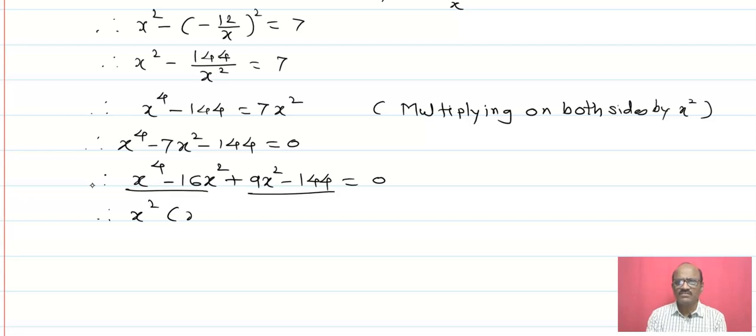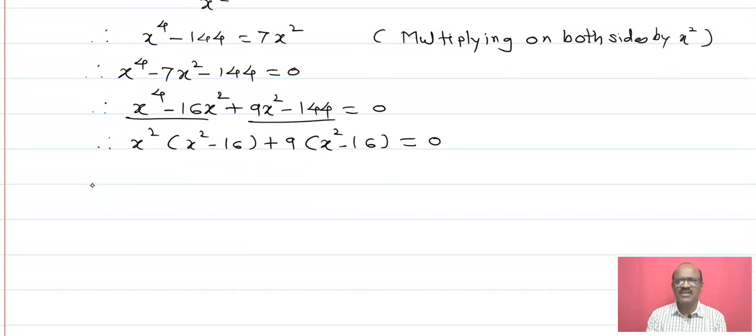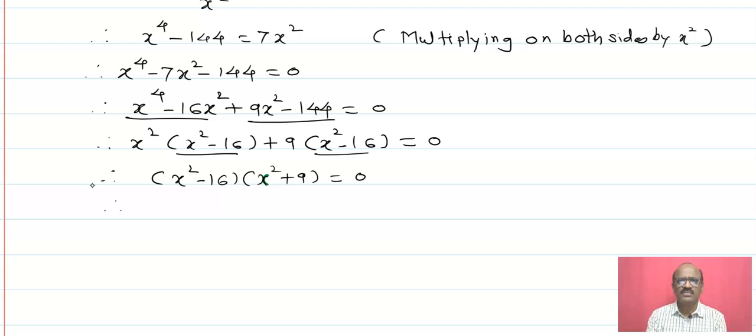Now from the first two we will take the common x square: x square (x square minus 16) plus 9 (x square minus 16) is equal to 0. Therefore (x square minus 16) in the first bracket and (x square plus 9) in the second bracket is equal to 0.